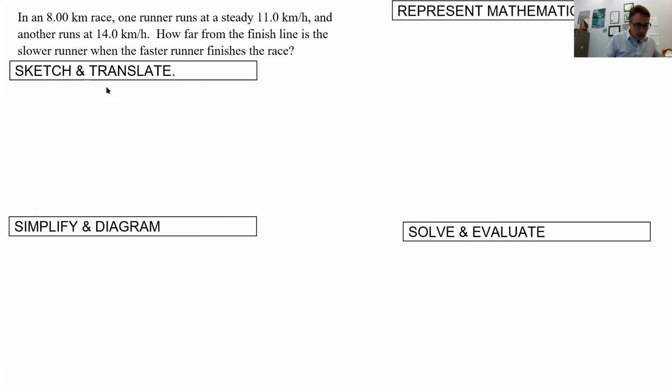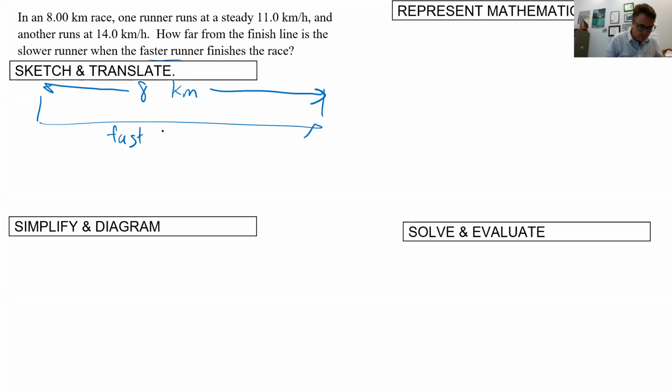Okay, so in an 8-kilometer race, one runner runs at a steady 11 kilometers per hour and another runs 14 kilometers per hour. So there's a race, which is 8 kilometers from here to here. How far from the finish line is the slower runner when the faster runner finishes the race? So I'm going to say that the fast runner finishes in T1 seconds, something like that.